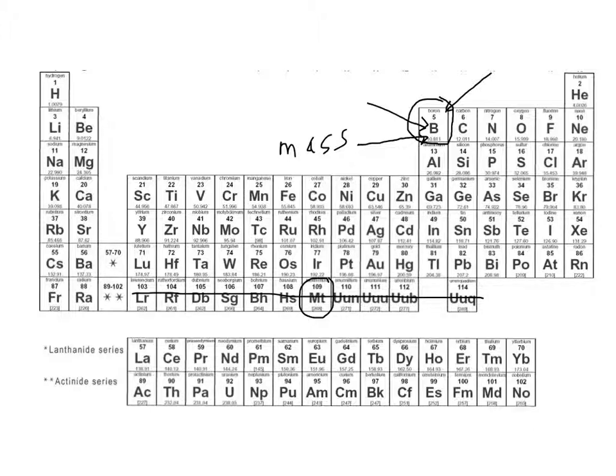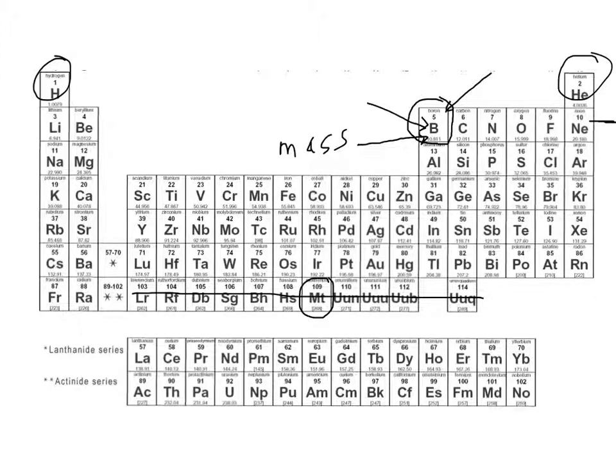The elements are listed in order, in rows, going up in atomic number. So notice we start with the first row, which has 2 elements. Start with 1, and 2 is at the end of the row. The next row starts with lithium 3 and goes up to neon 10, right there.